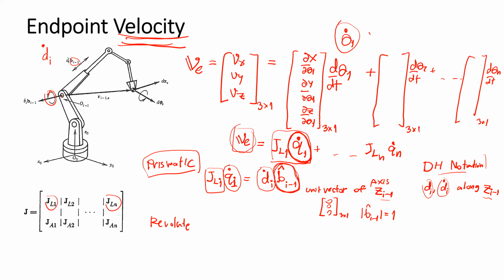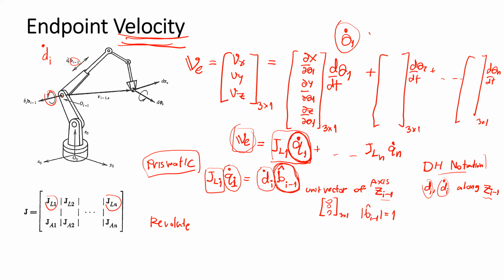For this one, we consider the joint as revolute, just to describe the concept. But yes, these are not equal in the direction. For the unit vector of b i minus 1, for the prismatic the axis is put in this way. For the revolute, the axis is put in this way.